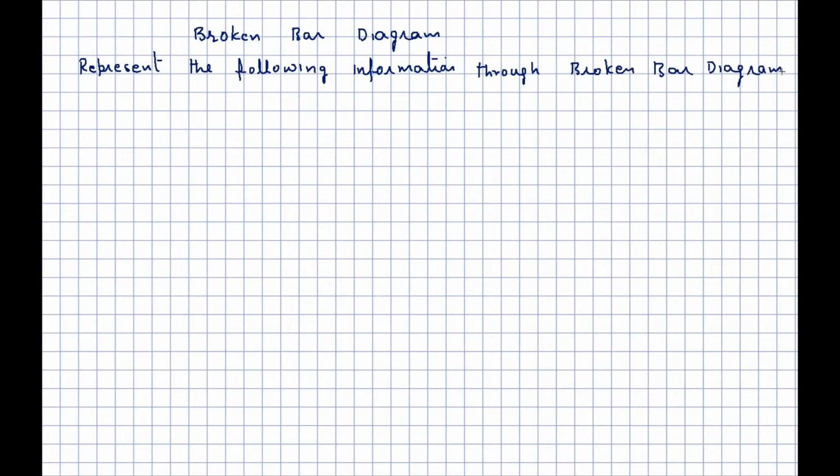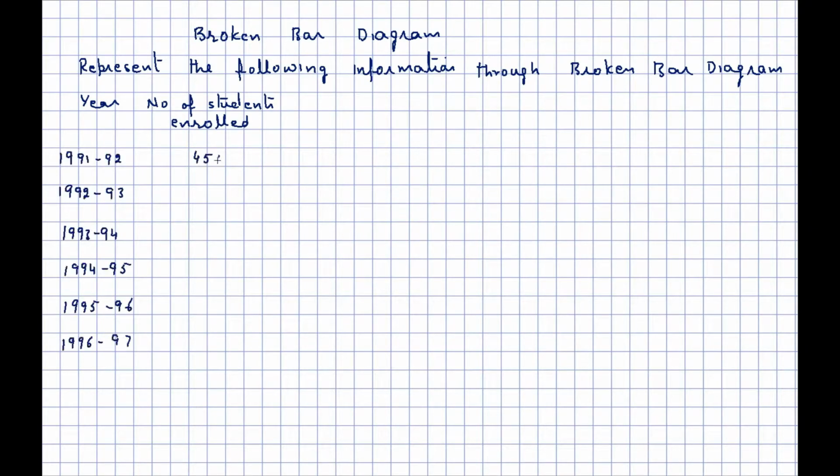Now the next is broken bar diagram. Represent the following information through broken bar diagram. Year is given here and number of students enrolled. Number of students enrolled are 450, 375, 525, 2900, 475, 2400.